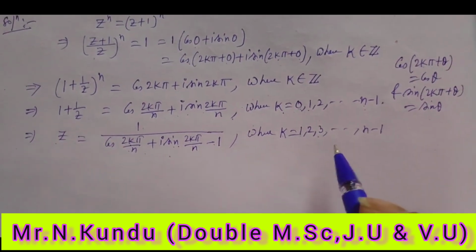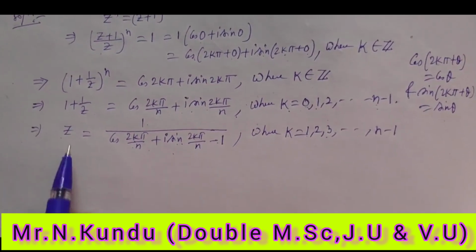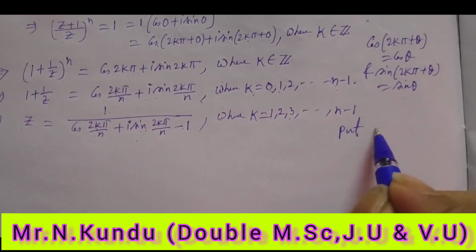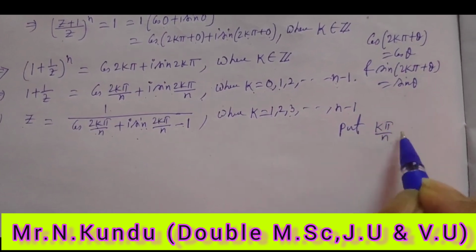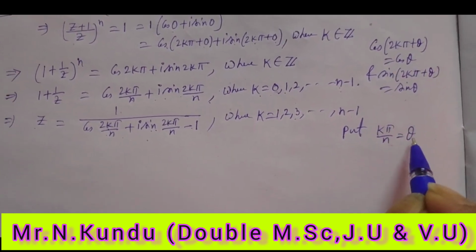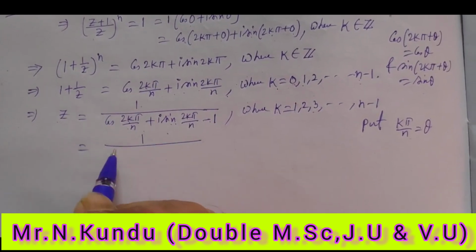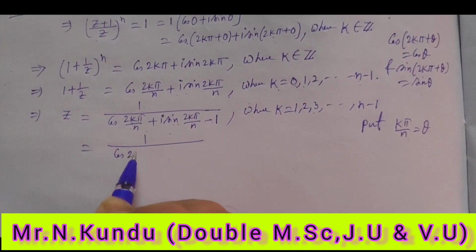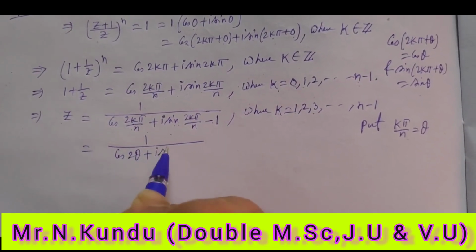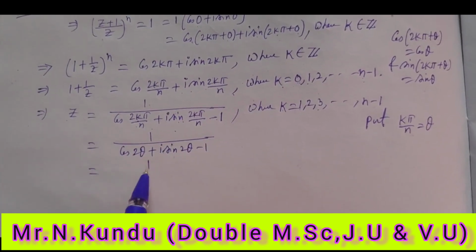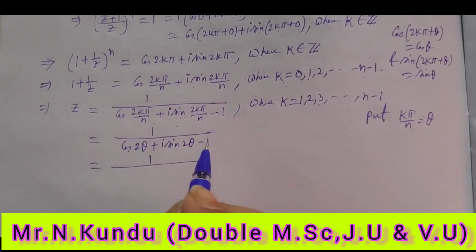So what are the values of z? Now we substitute, put kπ by n equals theta. So this is equal to 1 upon cos 2 theta plus i sin 2 theta minus 1.